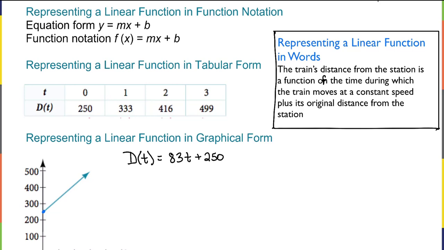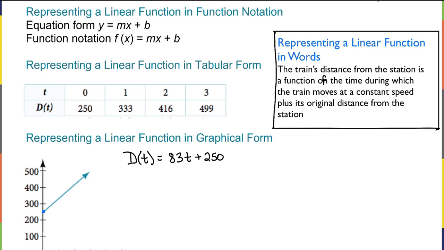Hopefully you will recall that sometime in your past you were introduced to what is called slope-intercept form. This is an equation that is linear. To write this equation in function notation, remember that the output variable is replaced with the function notation.